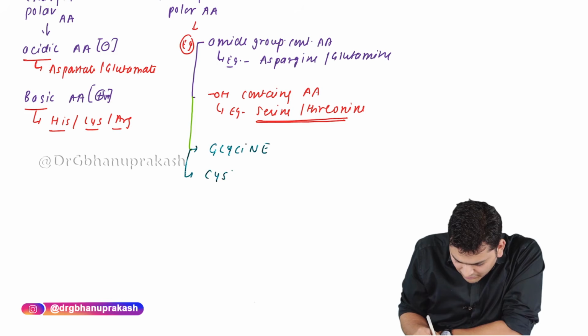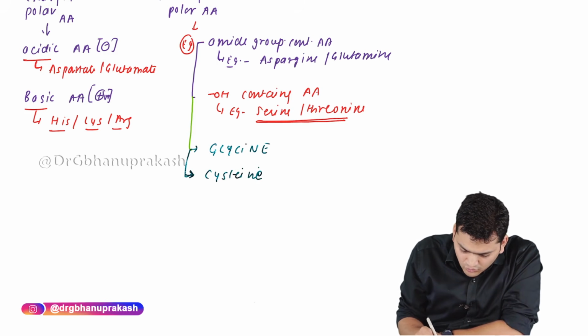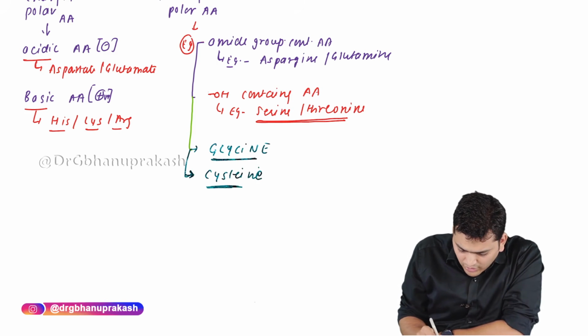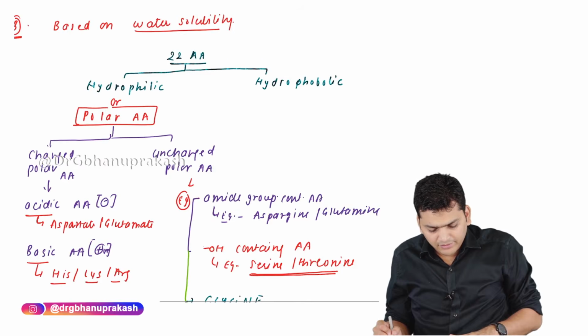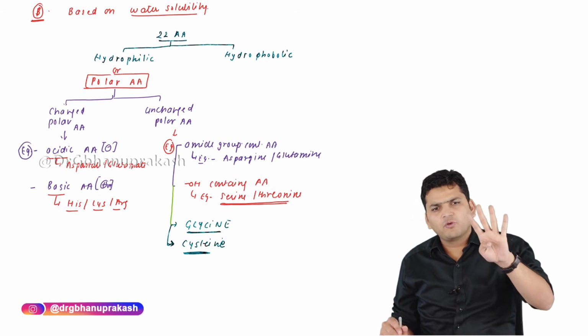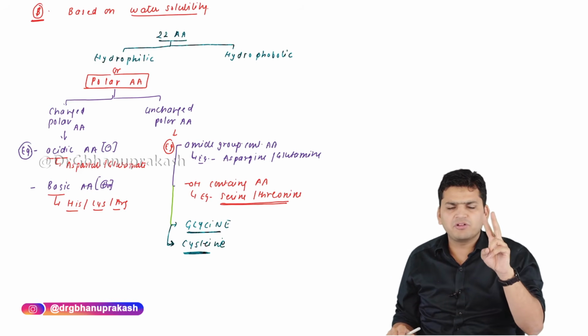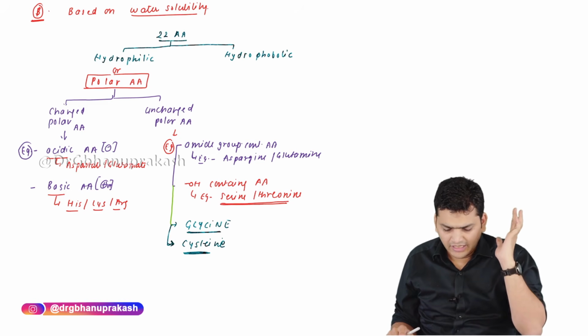Glycine is a simple amino acid, and cysteine is a sulfur containing amino acid. So this is the complete classification of the hydrophilic amino acids. If they ask what are the 4 categories: acid, base, amide and alcohol. Apart from these 4, the 2 individual amino acids which are water soluble are glycine and cysteine.